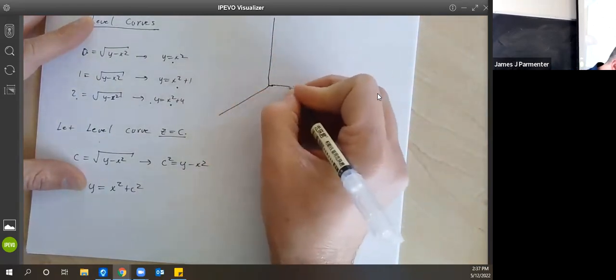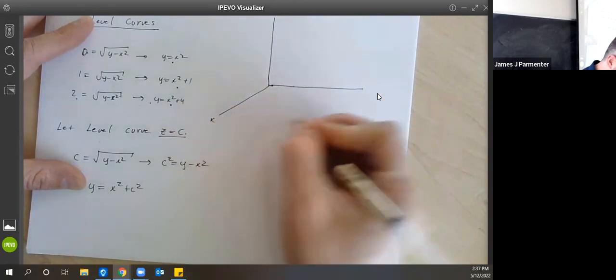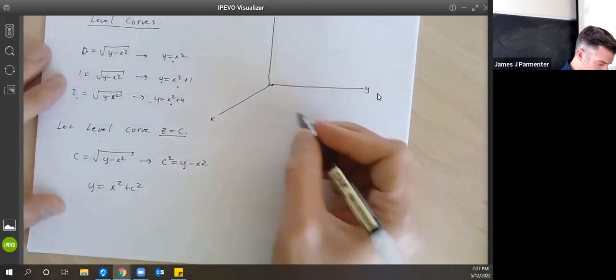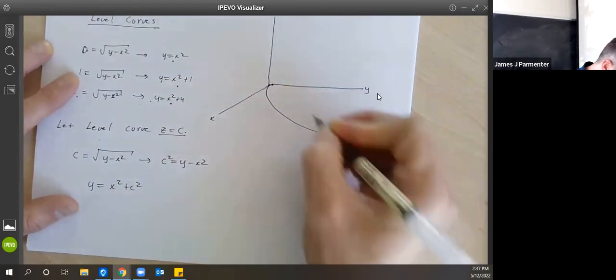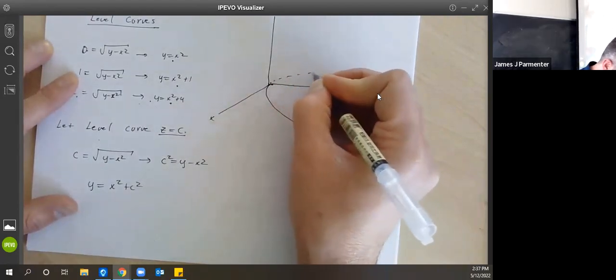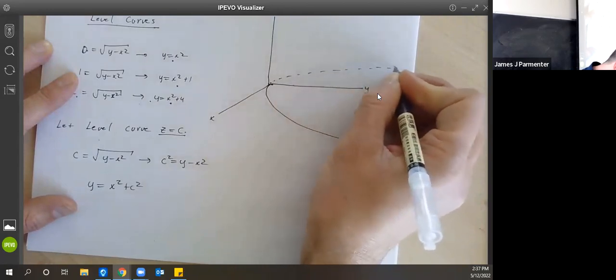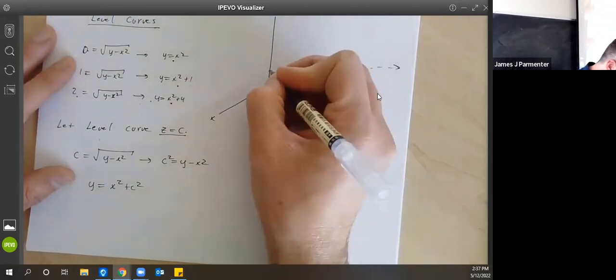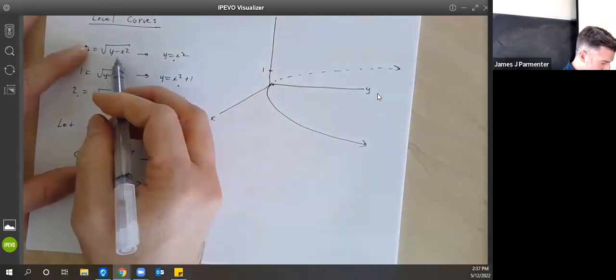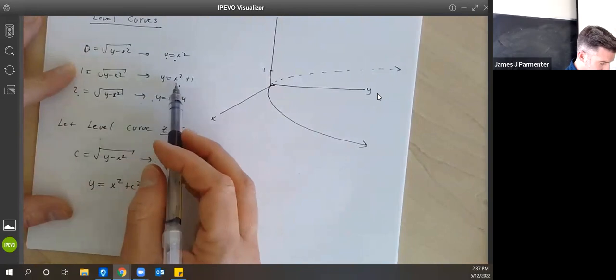Yeah, sure. So here's my x-axis, here's my y-axis. And in the xy plane, here's my parabola. That looks all right. It looks okay. And then we're going to go up to a height of 1. So when you go to a height of 1, my new parabola is y equals x squared plus 1.